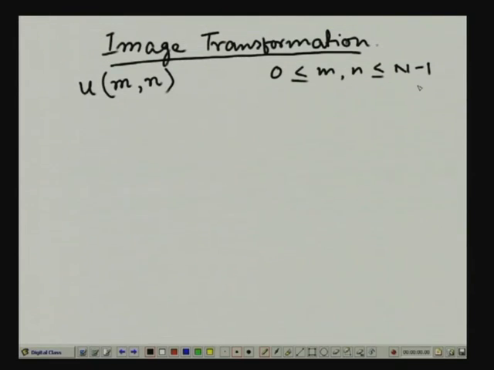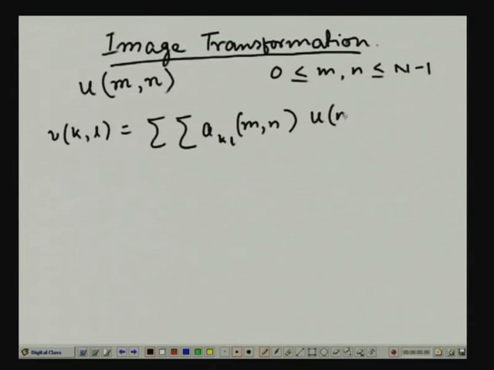Now, transformation on this image can be represented as v k l, which will be equal to, again we take the series summation, A k l m n into u m n, where m and n vary from 0 to capital N minus 1.